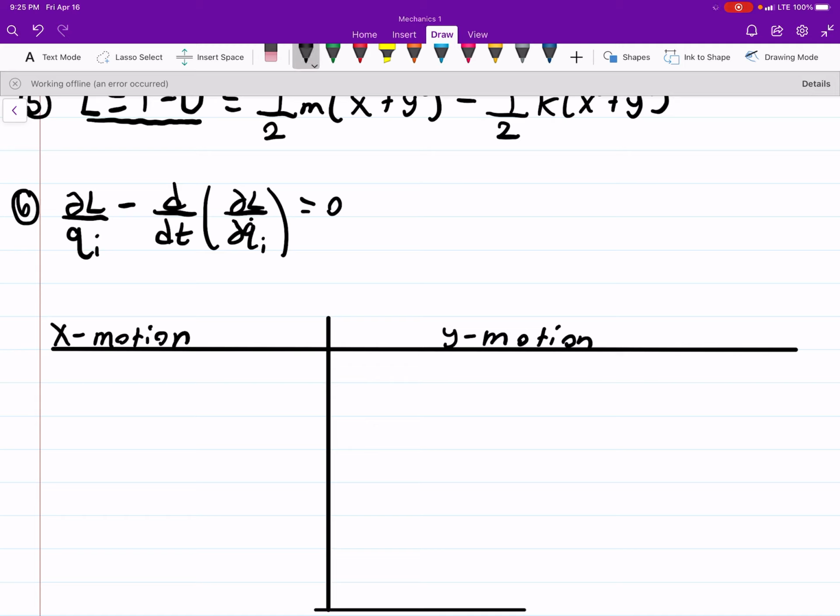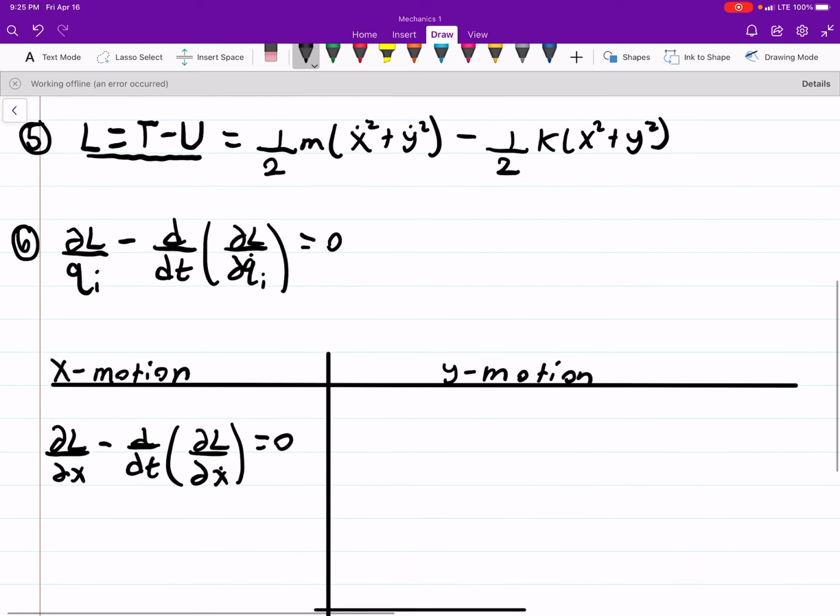In the sense that we have to break it up into x and y motion. So for the x, we could say ∂L/∂x minus d/dt of the partial of L with respect to x dot equals 0. And we can use step 5 to just take some derivatives.